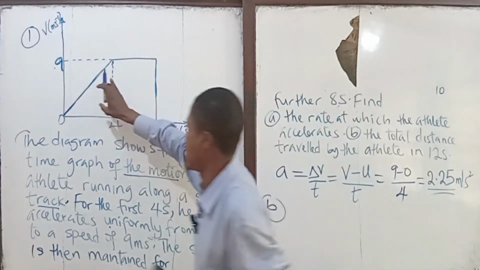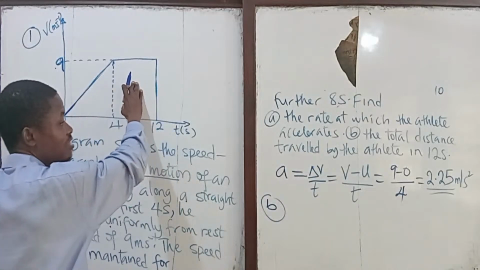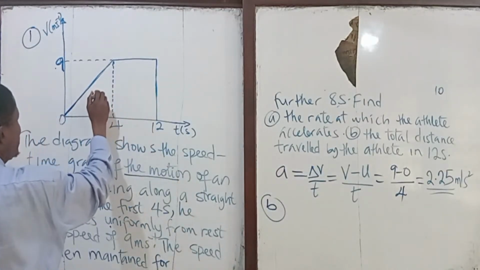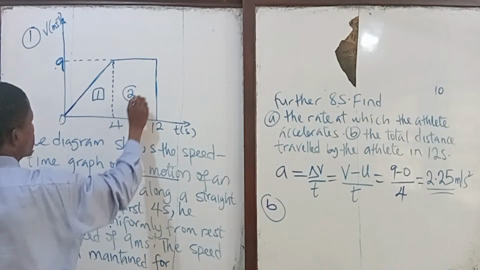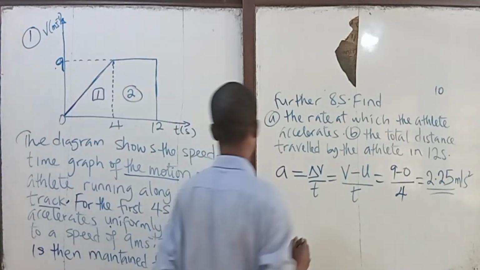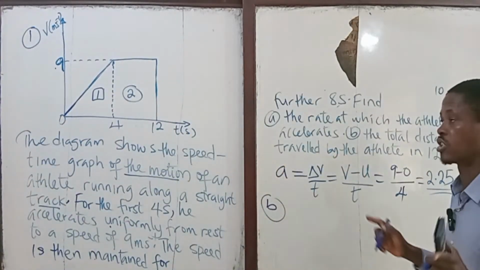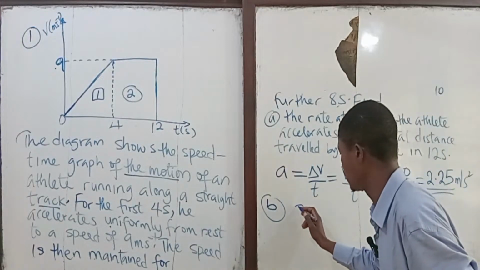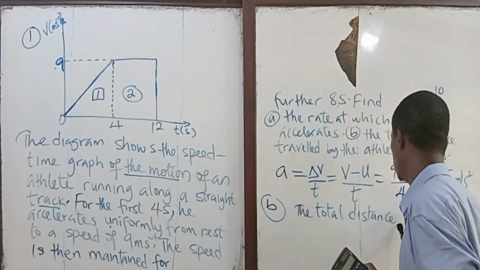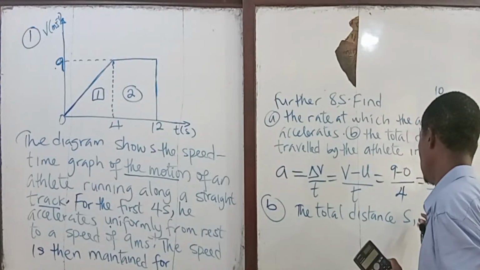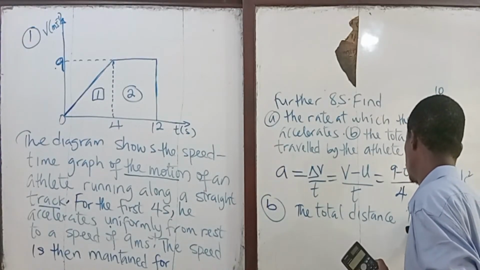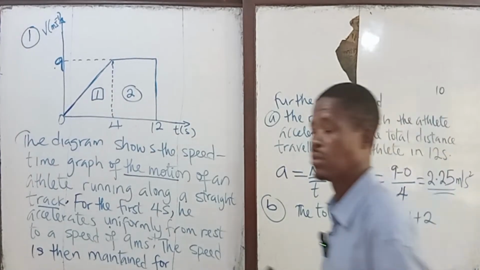The first one is a triangle, the second one is a rectangle. Let me call this one 1 and this one 2. So I'm going to use the geometry of the shapes. The total distance is going to be equal to x1 plus x2.